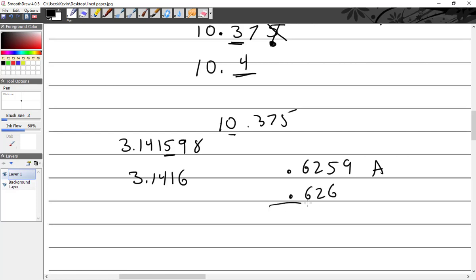Well, maybe. What is another way to write 0.6259 amps? 625.9 milliamps. See, the problem is if I say 3 decimal places, it doesn't work out that way, with an exponent or without.